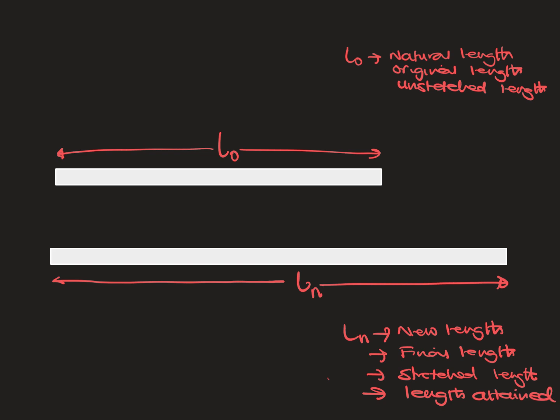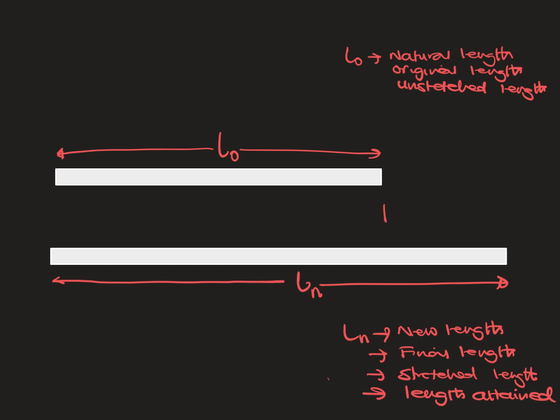If we want to know the difference between the natural length and the new length, that difference is called the change in length, and it is very important in the concept of elasticity.